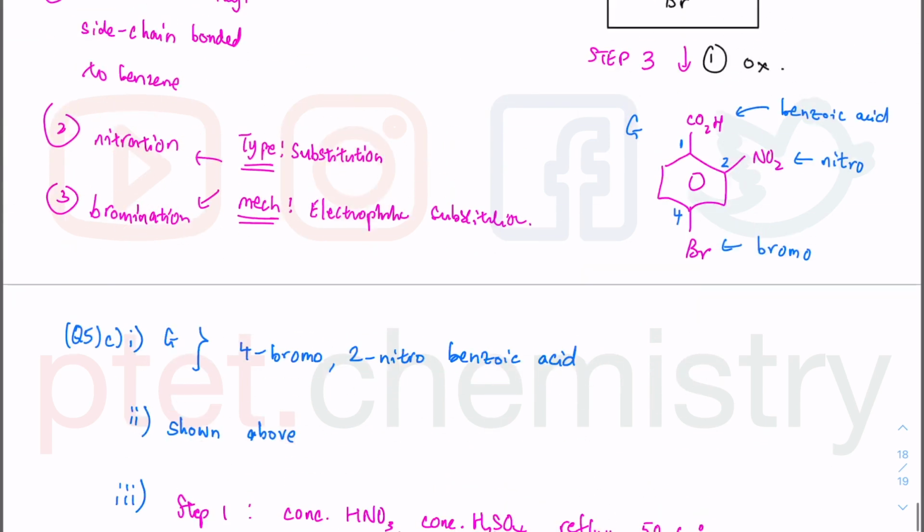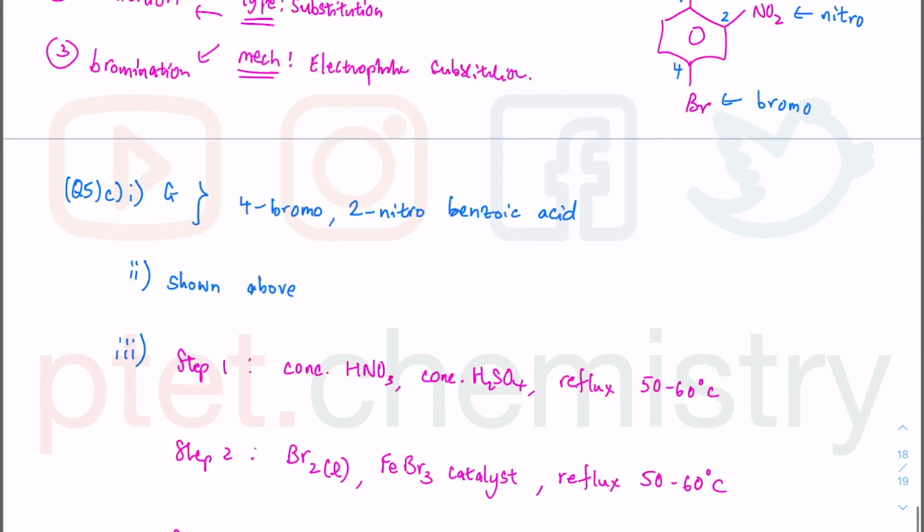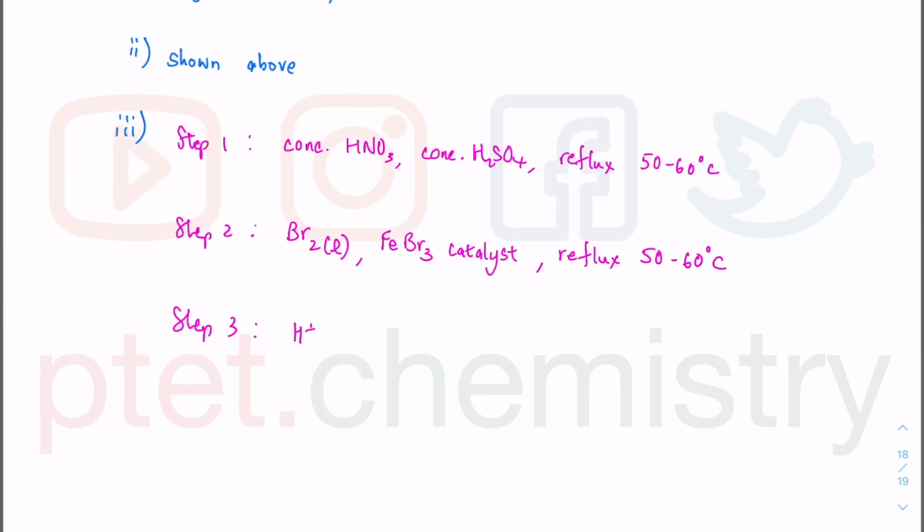Step 3 was the last step, which was the oxidation of the alkyl side chain of the benzene ring. This one is very specific, has to be using the acidified KMnO4, or you can say acidified MnO4-, and don't forget to reflux it as well. So dichromate(VI) will not work for this particular oxidation. That's the end of that 13 mark A2 aromatic chemistry.